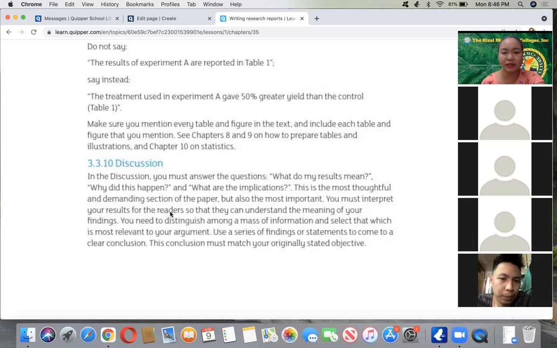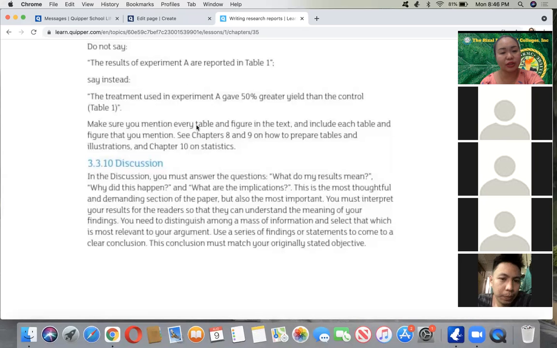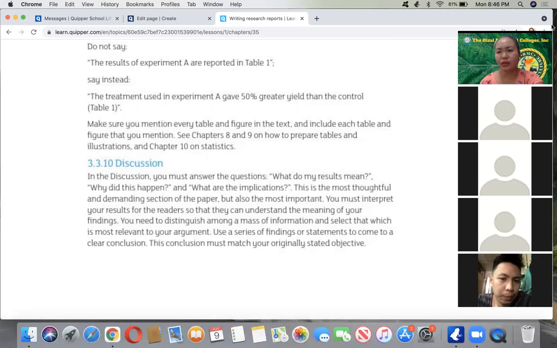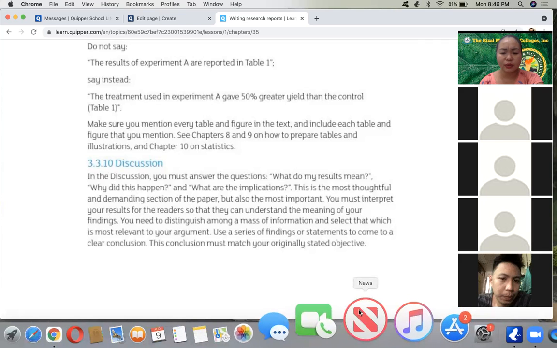interpretation. A narrative is like a diary, but when you do the discussion, you are also describing what is the effect of that experience to you and also to your readers, or generally.